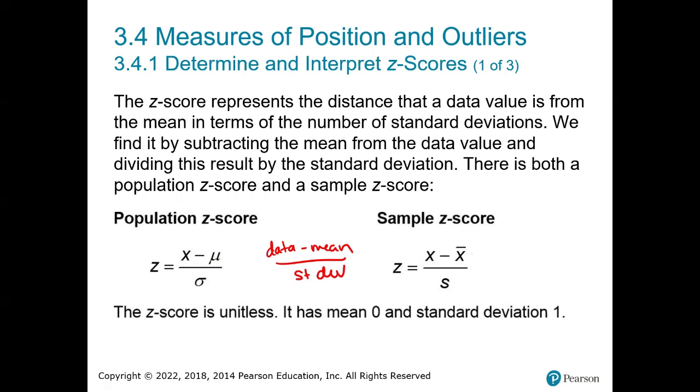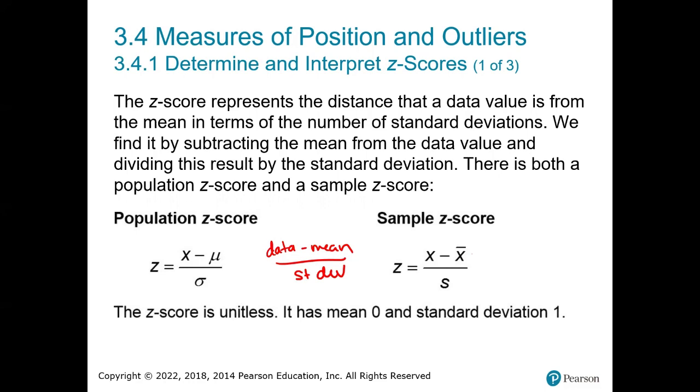Okay, so this is why we talk about standard deviations and means already. This allows us to compare two data sets together. Two different data sets, male and female, let's say, will have different means and standard deviations.